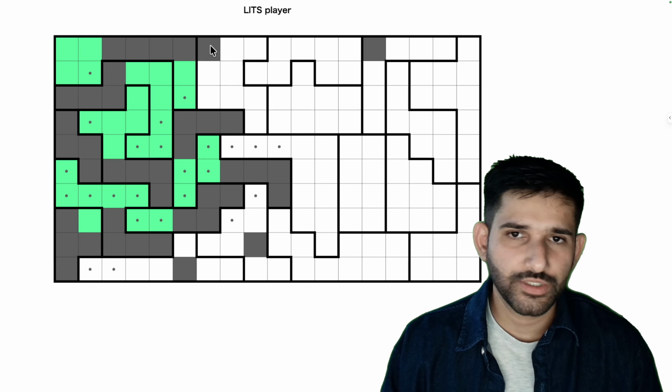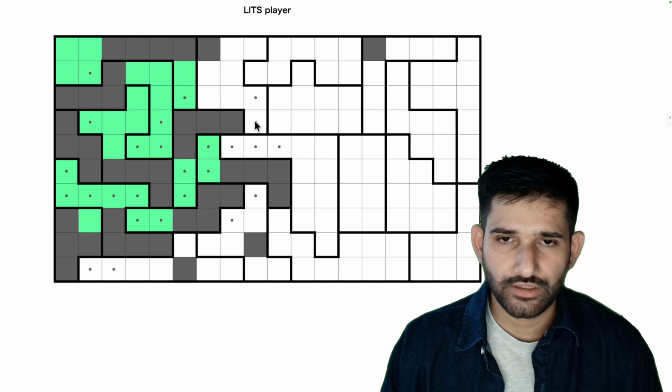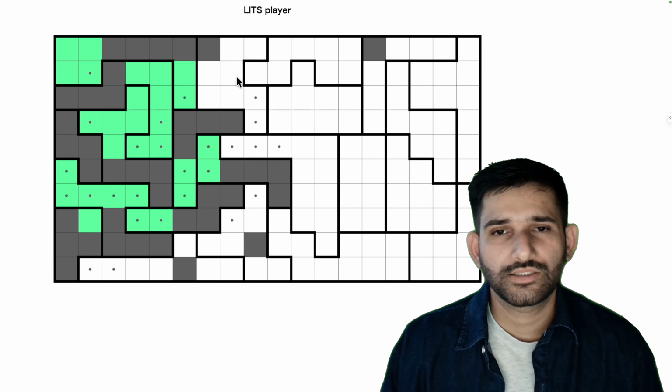Okay, from this cell, I can never reach here and here. I can do this or this or this. Right. Okay, let's think about it.